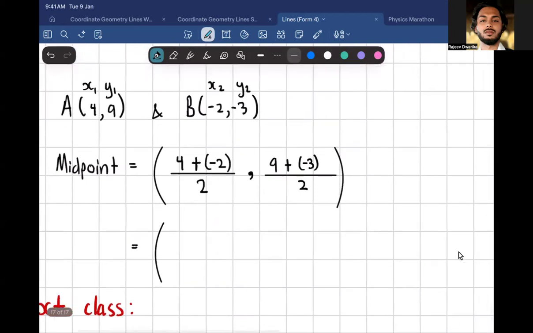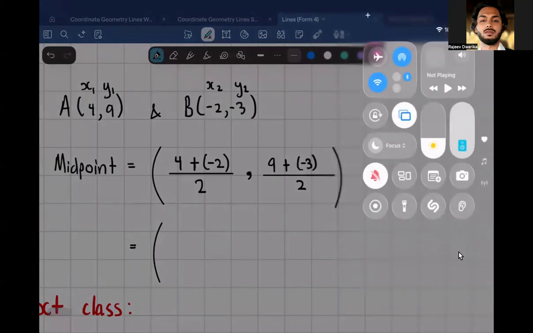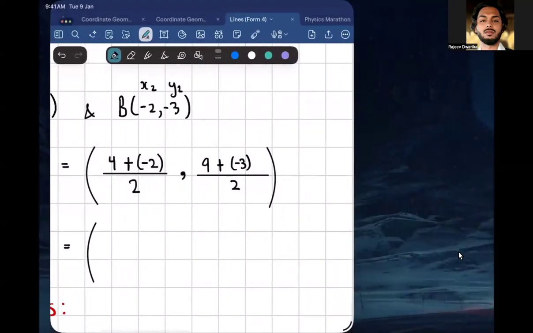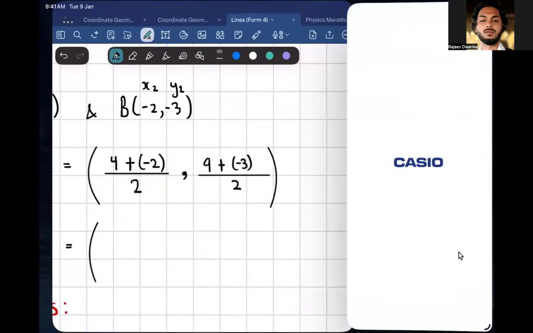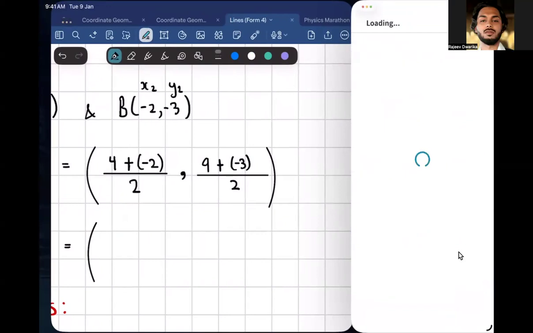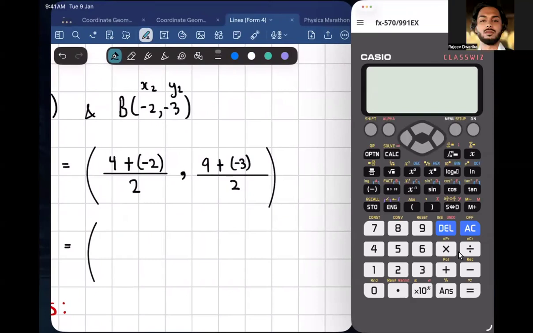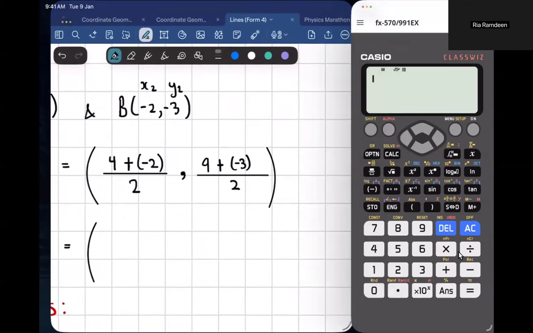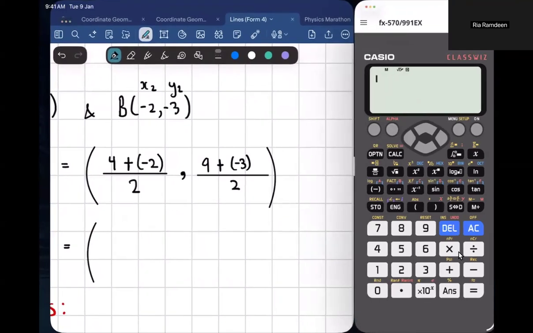So let me show you why I think you should get a Casio. I think Casio needs to pay you. You're Casio's biggest advertiser. They need to sponsor him. I'm just trying to make all your lives simpler, right? Just because we have a Sharp, don't discriminate.